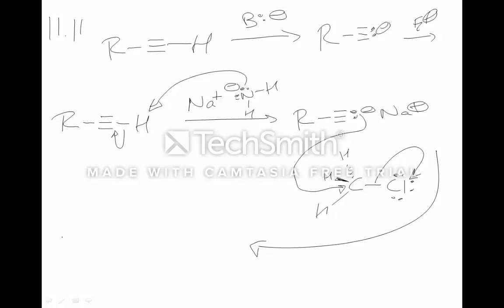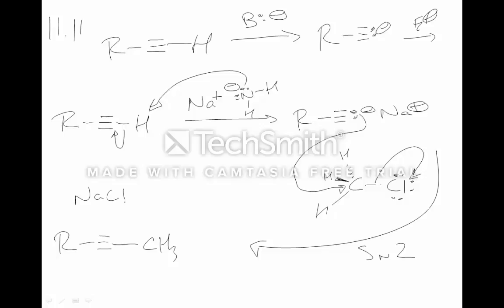Let's show this product. CH3. You've replaced the H with a CH3. You've done a net substitution, by deprotonation and then substituting at that carbon. There's a couple different things going on here, but this is just SN2. We've seen that before. And your byproduct is sodium chloride.